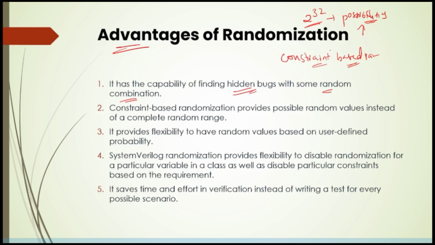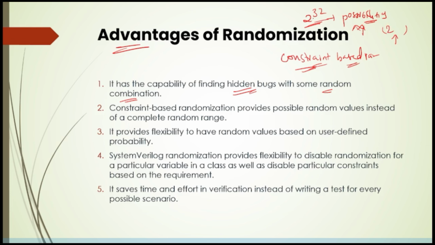So, in order to avoid this, we have a concept called constraints in SystemVerilog. Constraint based randomization means, as I already told you, if you don't want all the possibilities to be checked, but only some of them, then you limit the randomization to those possibilities.